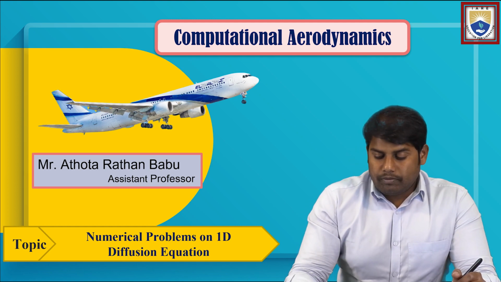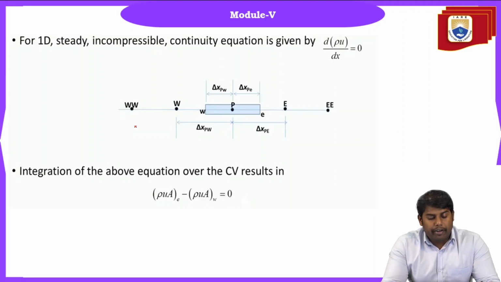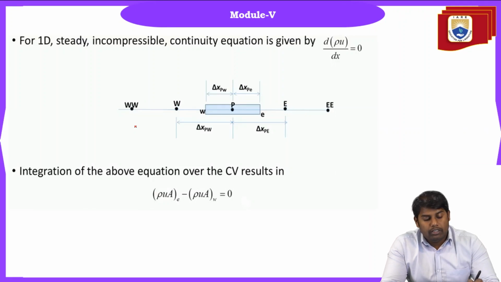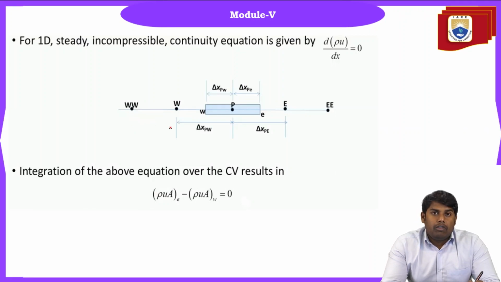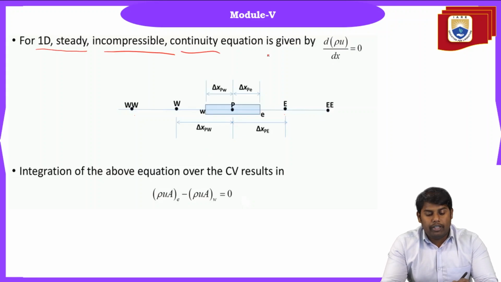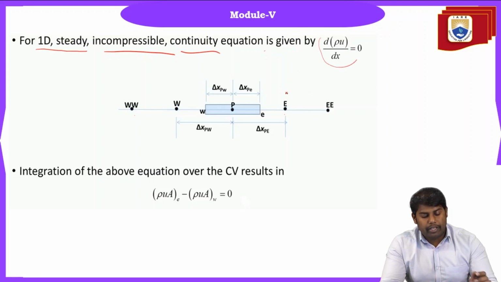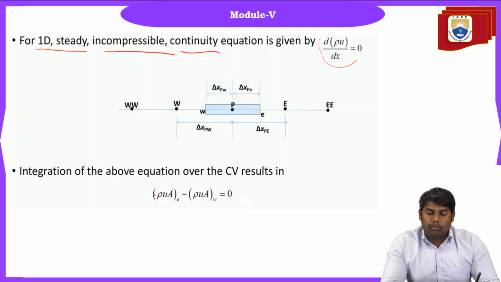Fine. So for a quick recap, we have seen the finite volume formulation for a 1D element, where P is the point of interest, with the west node, the east node, and the distances. If we take the 1D steady incompressible continuity equation, the density will come out.